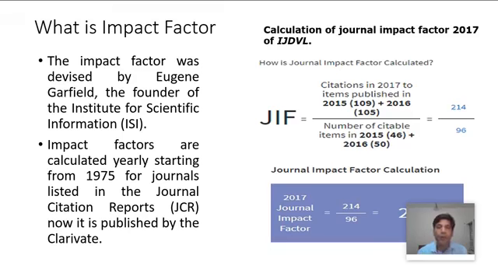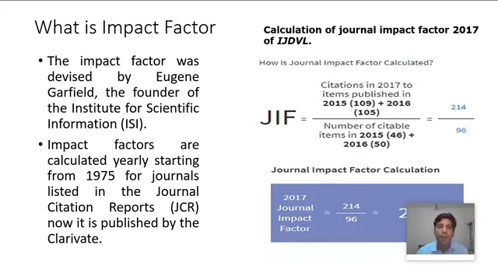For example, to calculate the impact factor of a journal for 2017, the calculation is the total number of citations received in 2017 to the items published in 2015 plus 2016, divided by the total number of citable articles published in 2015 and 2016.